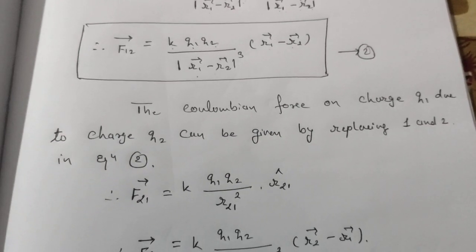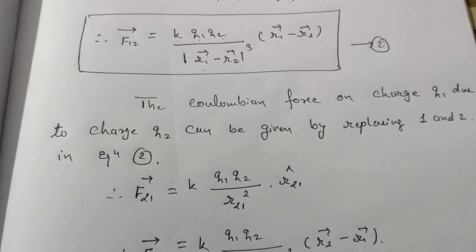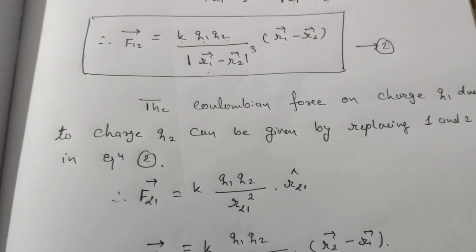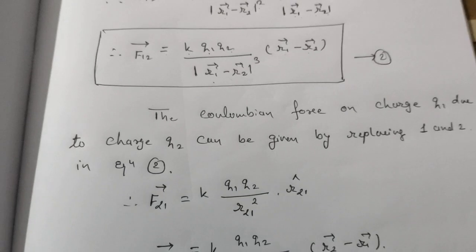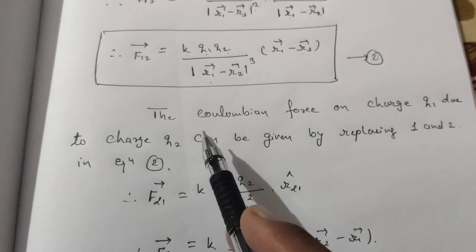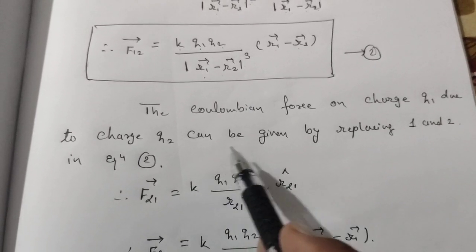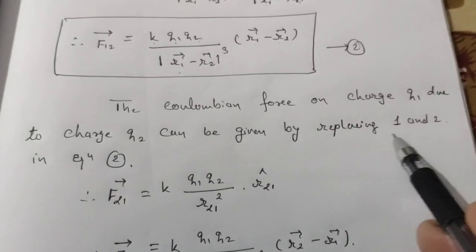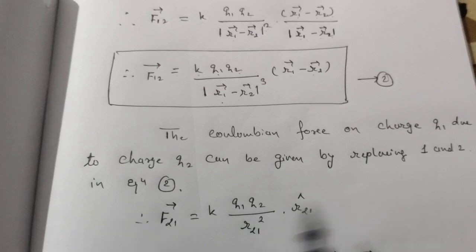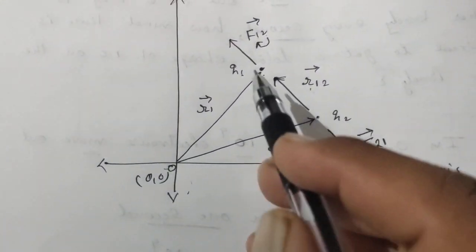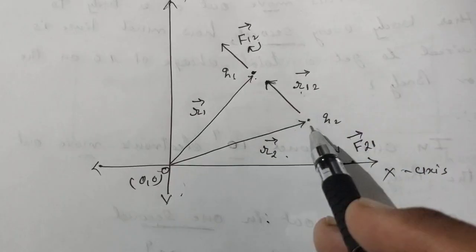Now we can go another way also. See what is written over here: the Coulombian force on charge q1 due to charge q2 can be replaced by 1 and 2. It means if we reverse the situation, charge q1 exerts a force on q2.